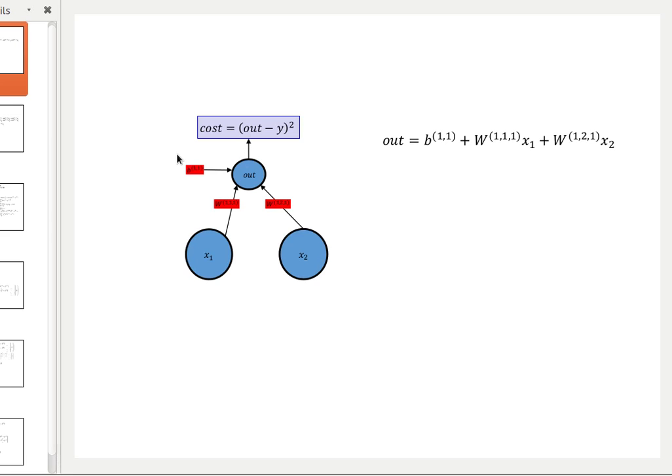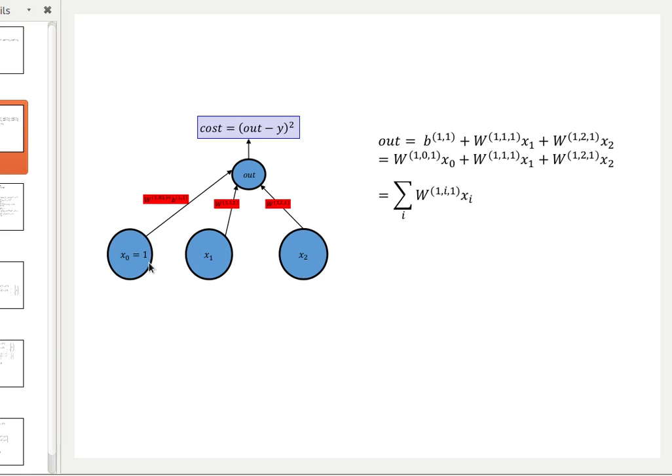Now, when we do linear regression, it's often convenient to think about the bias as just another weight. In order to accomplish that, what you do is you say, we'll have another input, x0, which is always going to be 1. And then we have this additional weight, which is just going to be equal to the bias. That makes it possible to recast this computation, the bias plus the weighted sum of the x's, as just a weighted sum of the x's, which includes x0.